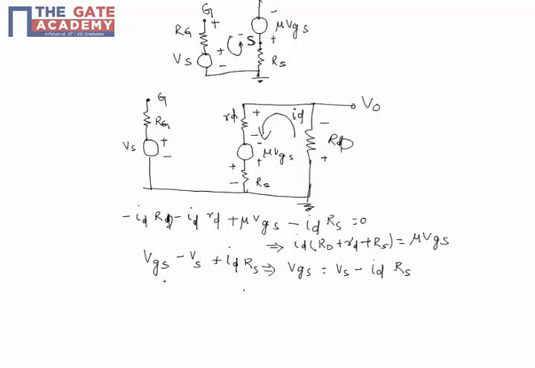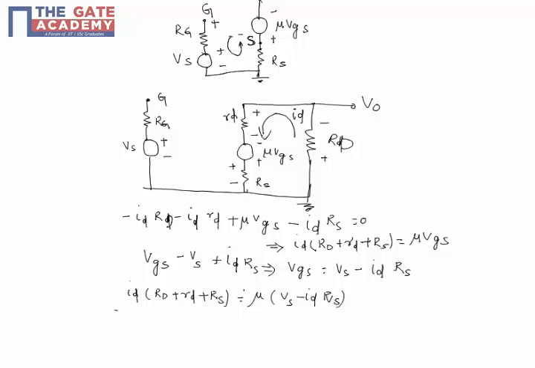Now you substitute this value in place of VGS. So if you substitute here, ID into RD plus rd plus RS is equal to mu into VGS, I can write VS minus ID into RS.